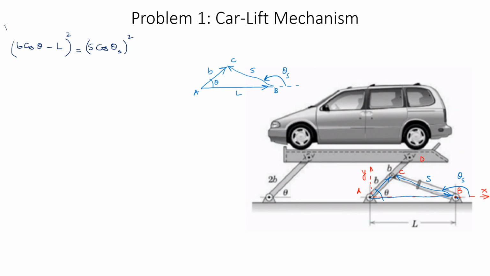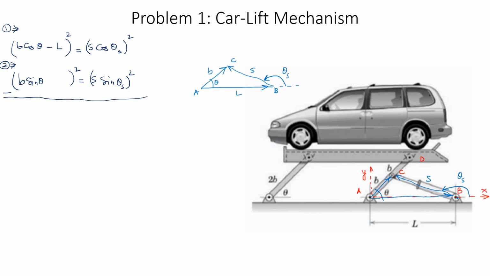Equation 2 similarly implies B sine theta, whole squared, equal to S sine theta_S squared. And then obviously I can add them together.